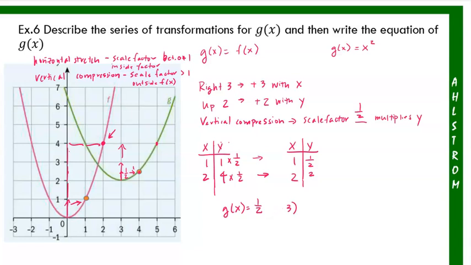I'm writing this as a whole function, universal function notation. So x, and then -3, and then +2. Or if I just write it as a quadratic, it would be 1/2 times x minus 3 squared plus 2. Remember, for a universal, you have to include that square.